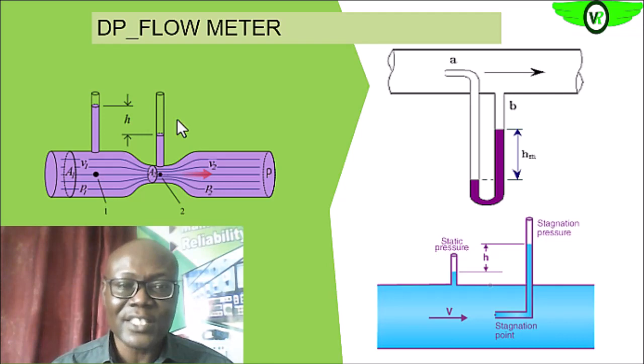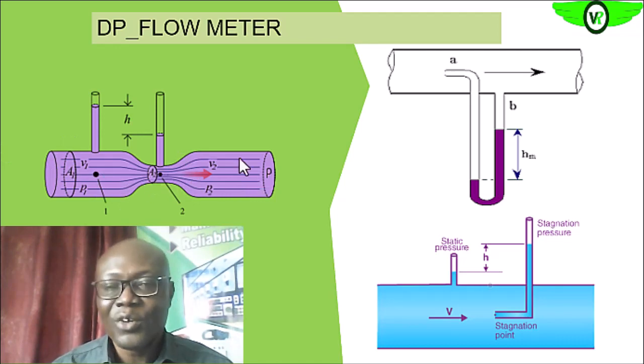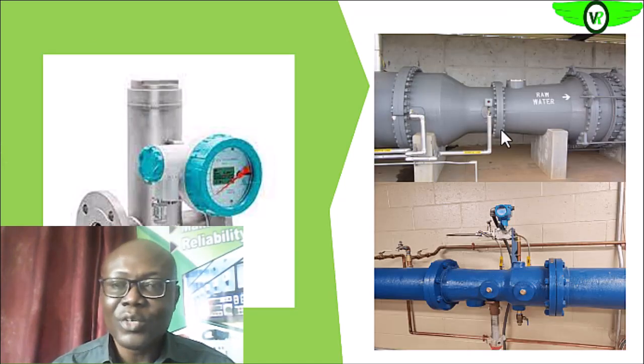And then as the flow is throttled, the velocity will increase, and that will reduce the pressure. So this pressure differential, caused by the venturi action, is actually determined by the flow rates across this section of the pipeline.